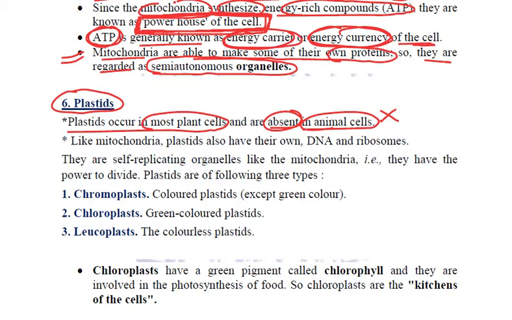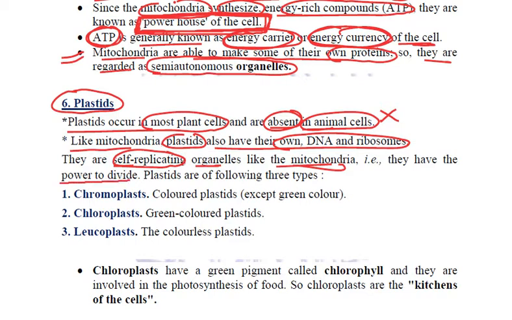Very important thing is, like mitochondria, plastids also have their own DNA, own ribosomes, own genetic material, right? And that is why they are also self-replicating organelles just like mitochondria. They have the power to divide, they have the power to replicate themselves because of their own genetic material.